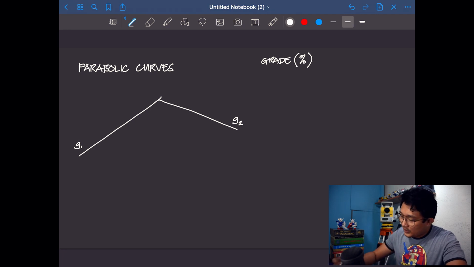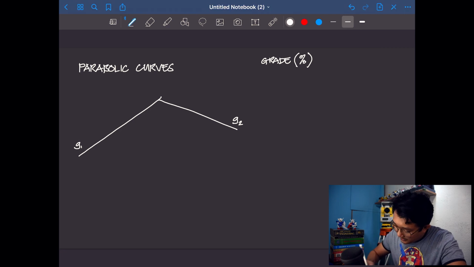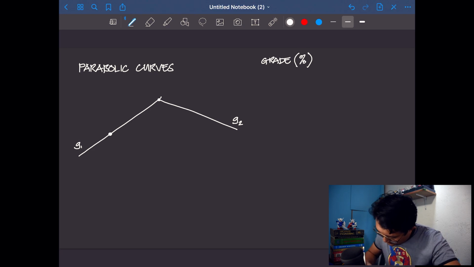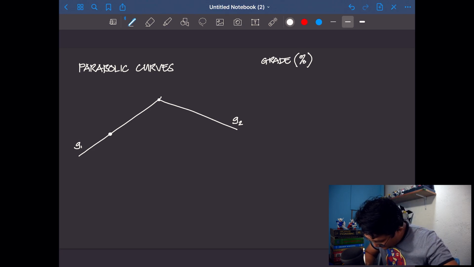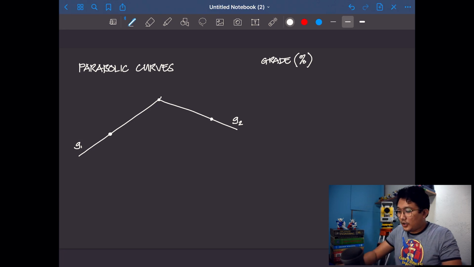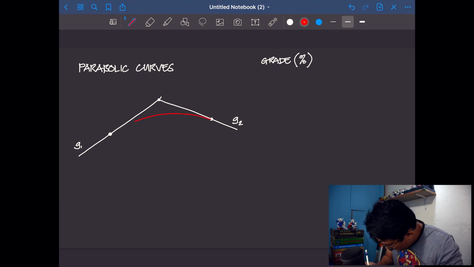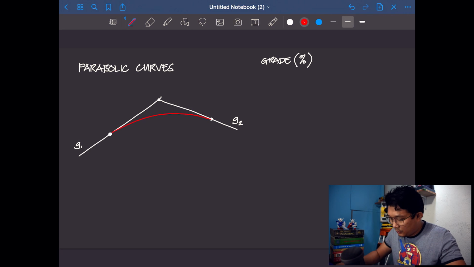So, say for example that I want to start my curve right here. Of course, this is where those two roads intersect, and let us say for example that your road ends right there. Your curve now is going to be that one.